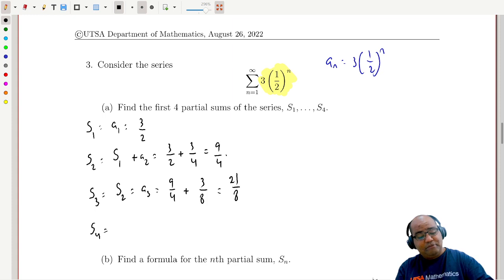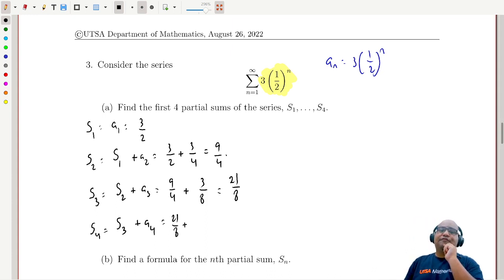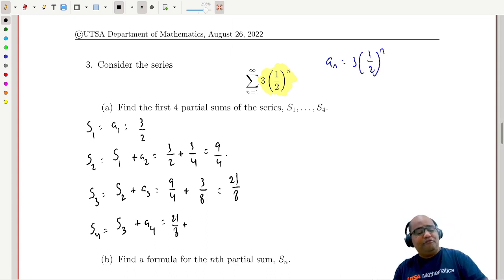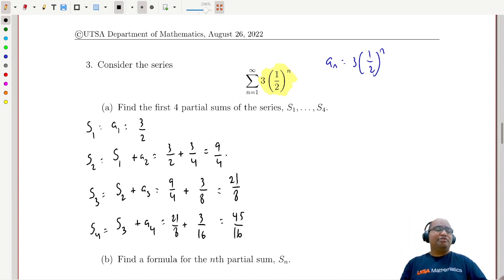And I just realized I made a small mistake here. So the fourth partial sum is the third partial sum plus the fourth term. So we have 21 over 8 plus what happens when we plug in n equals 4? Well, 2 to the fourth is 16. We get 3 over 16 here. And our fourth partial sum is 45 over 16. Okay, so those are our first four partial sums.